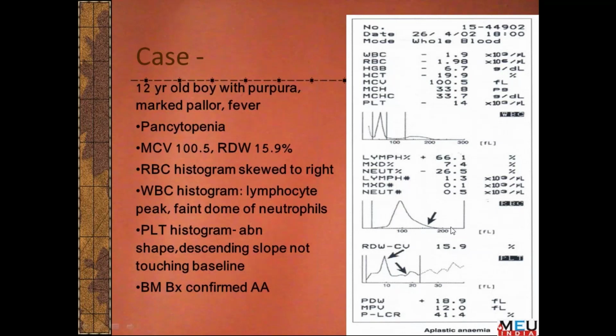These broken slopes are basically broken RBCs, small particles, and overall this is a case of aplastic anemia. The MCV, though it is raised, and the red cell distribution width is also increased, but the total number of the count is reduced.